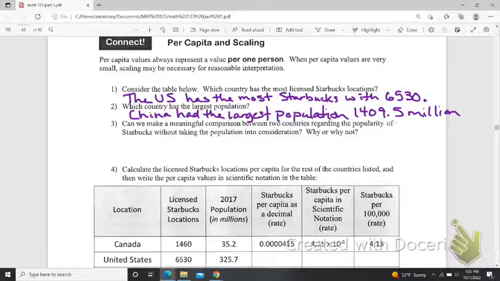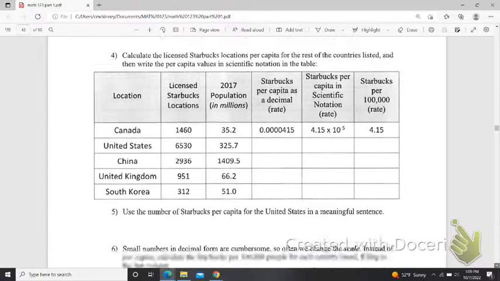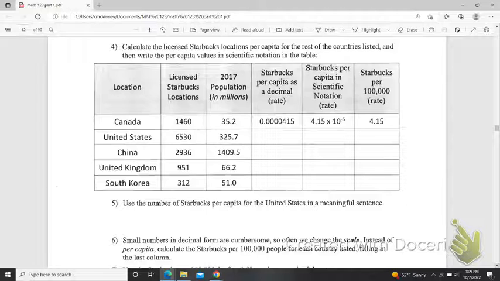And so what we're going to do is find a per capita rate to be able to compare nicely. So to do that, if we are looking at our table here, we're taking our Starbucks locations divided by the population in millions.